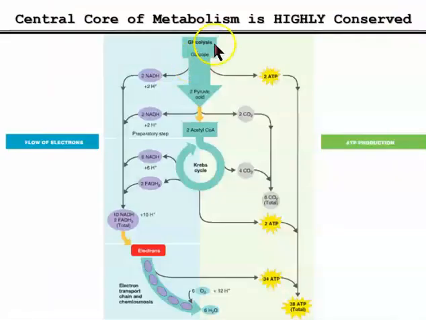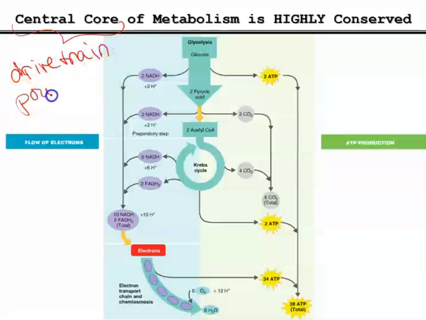So the central core of metabolism in all forms of life on planet Earth is very highly conserved. And I like to think about this central core of metabolism like the drive train, or the power train. The main components of the drivetrain in a vehicle would be the engine and the transmission.